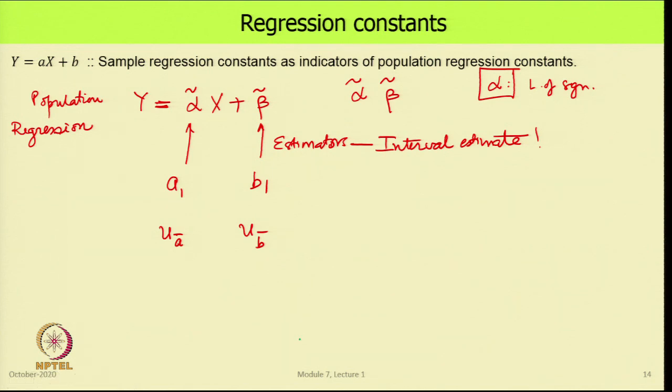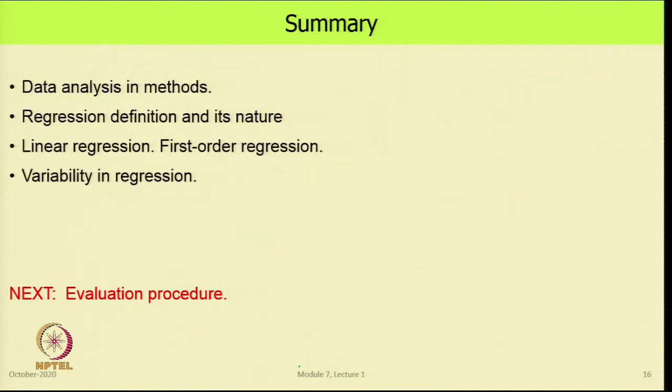So, in developing the regression constants, with that we come to the end of this lecture. We have seen what the various methods of data analysis are, what regression is and its nature, how we can convert a non-linear case into a linear regression, and we will focus on linear regressions, first order regressions, in one variable.